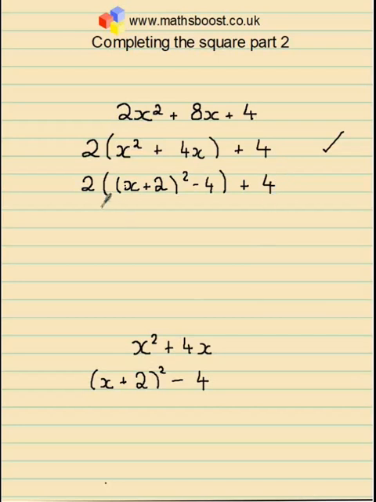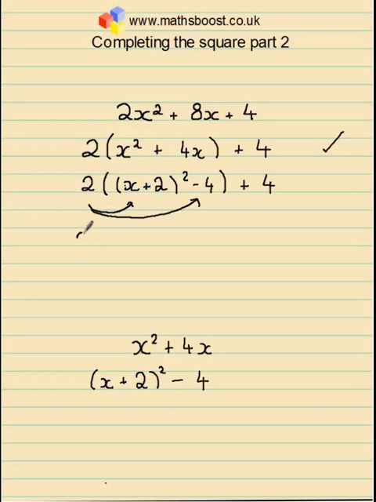The final step is to expand this bracket. Watch carefully what I do here because it's easier than you think. I'm going to write in the 2 arrows because it will help remind you what you're trying to achieve. I multiply the first term, but actually I don't do much.